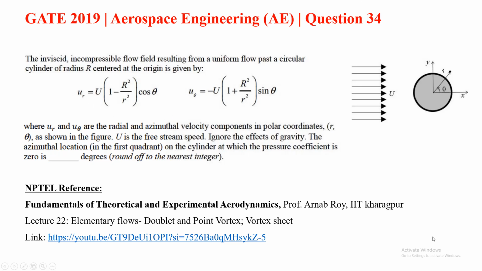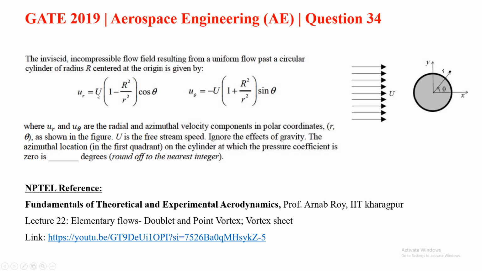So we have a cylinder, with uniform flow of velocity U flowing past this cylinder of radius capital R. The velocity components in cylindrical coordinates are defined by these two equations.